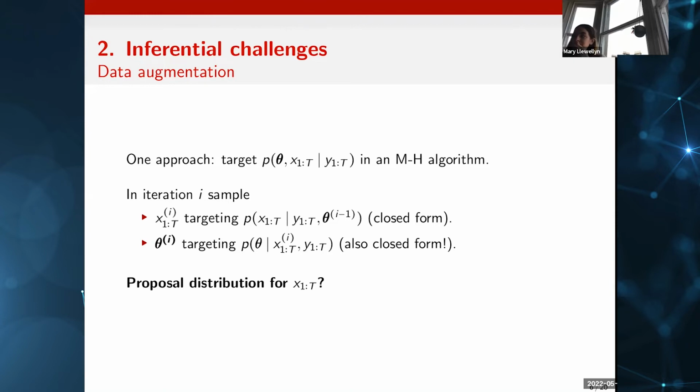So the main advantage of breaking up the states and parameters in this way is because designing updates for theta is typically quite straightforward. Not always, but it's generally more straightforward. But in this context, the main difficulty is designing updates for the states.